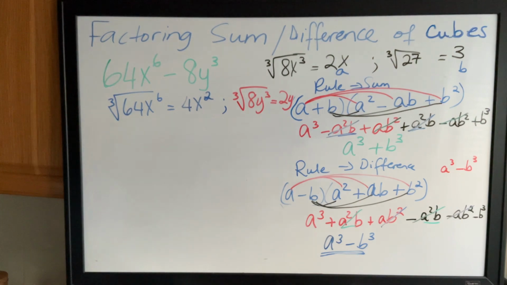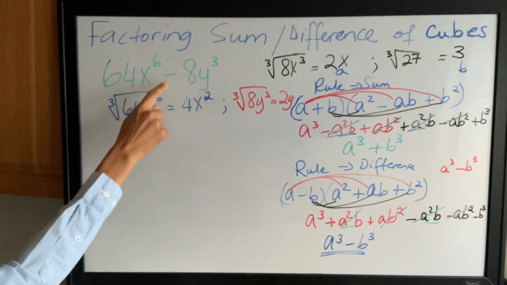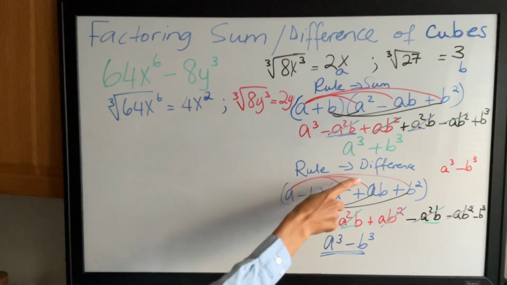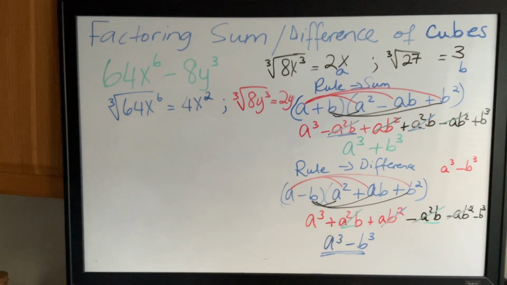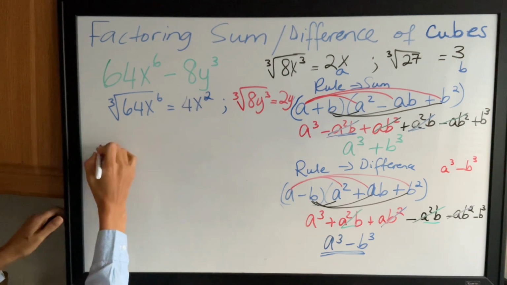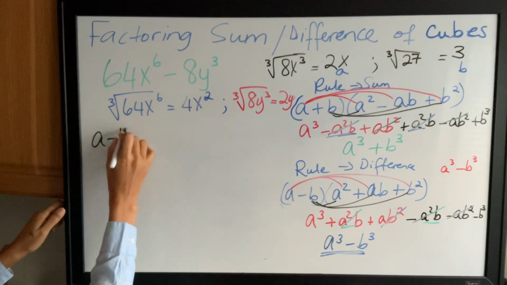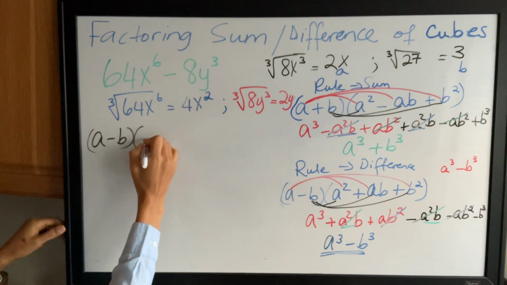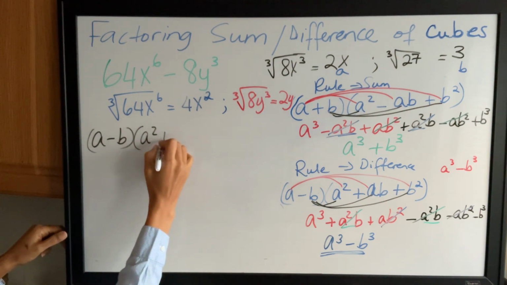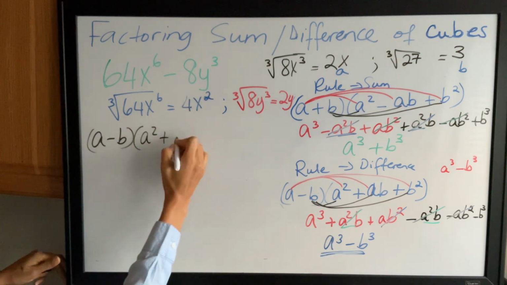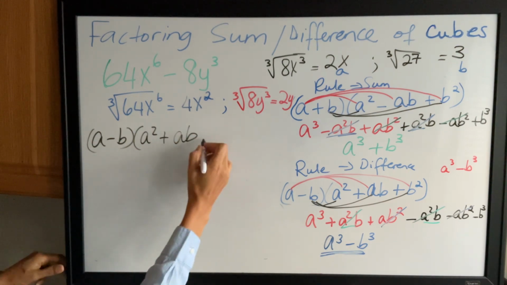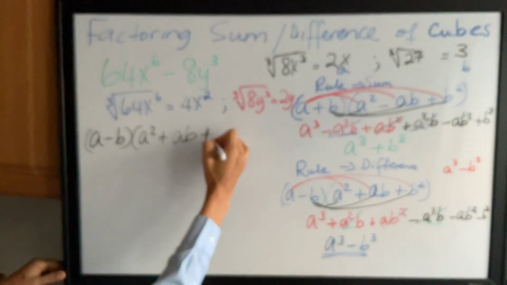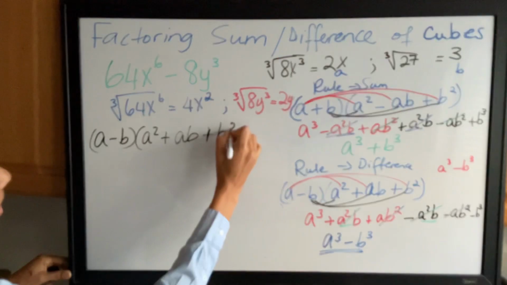So I'm going to apply my rule. Remember that you have a negative sign there. That means you're going to use the difference rule. One thing I would say, always write the rule first: a minus b, first parentheses, that's your binomial, and then you write the trinomial: a squared, change your sign from negative to plus, ab, and then this will always be a positive sign for your last term, b to the 2nd power.